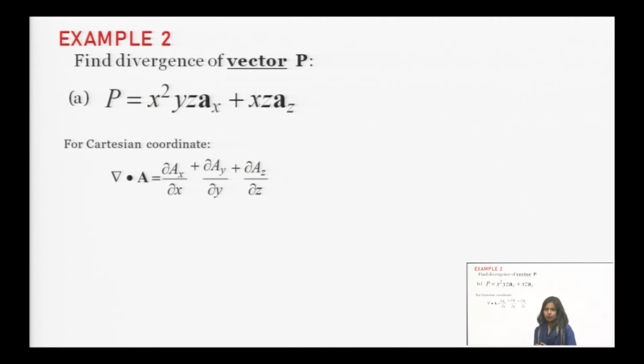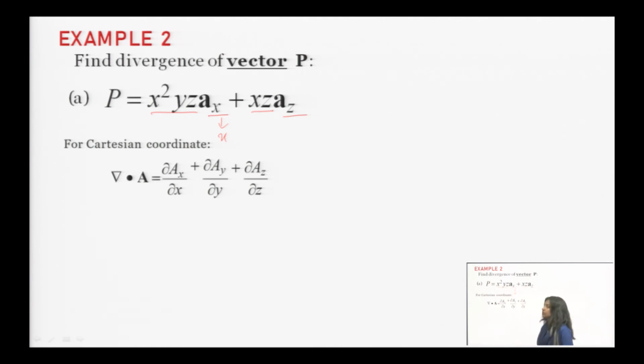One more important point here: p is a vector quantity because in this we have both magnitude as well as direction. This part is magnitude, however this ax shows the direction along the x-axis. Here also this is the coefficient or magnitude of the vector p, however az shows the direction.